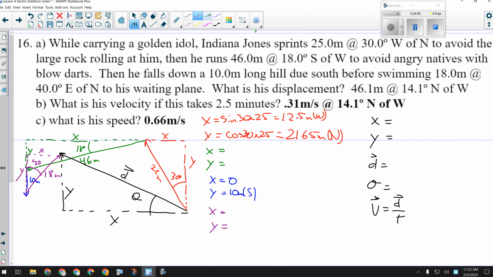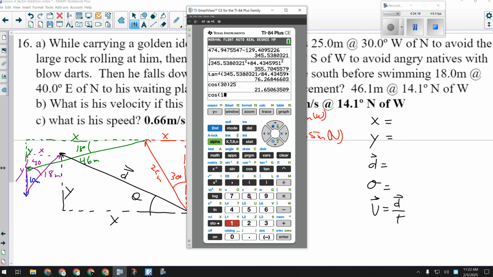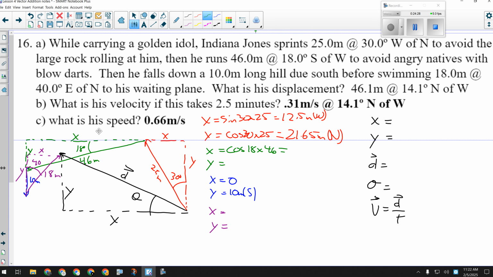For our green triangle, we're going west and south. So for our x, it's the adjacent side, so cos of 18 times 46 is 43.75 meters, and that is west.